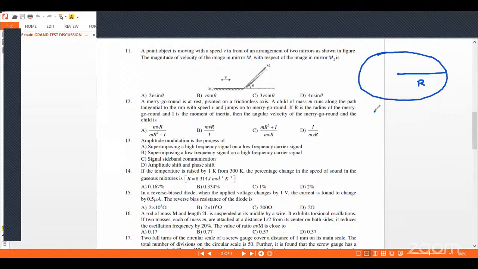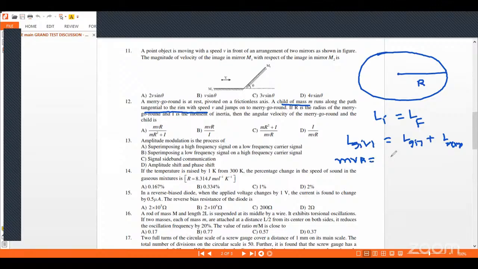That means angular momentum will be conserved. Initial angular momentum equals final angular momentum. Initially, the child of mass m is moving tangentially. So angular momentum of the girl equals angular momentum of the girl plus angular momentum of the merry-go-round. Fine. So MVR equals total system.